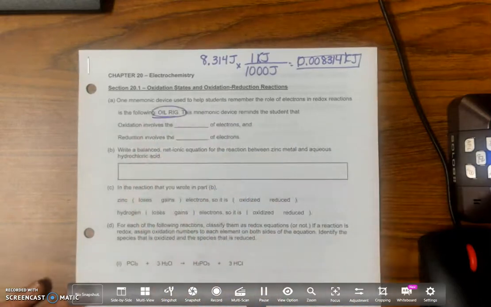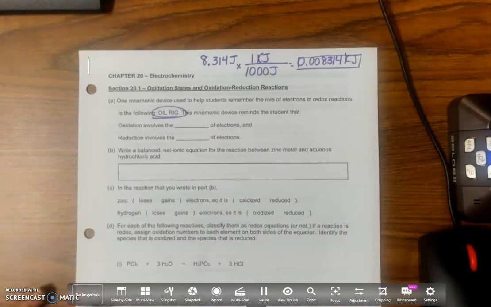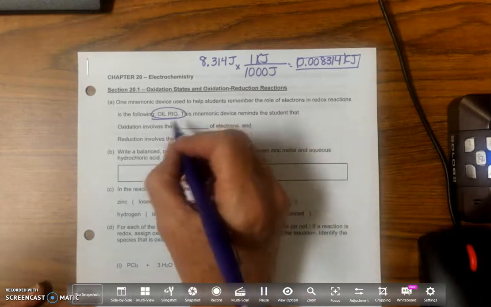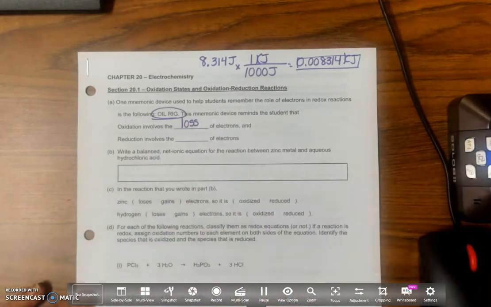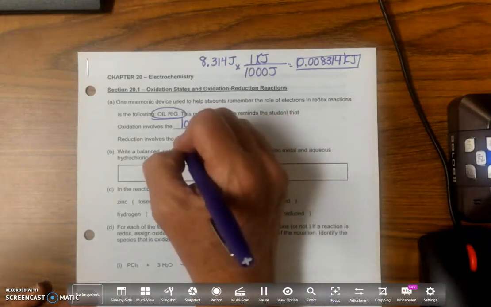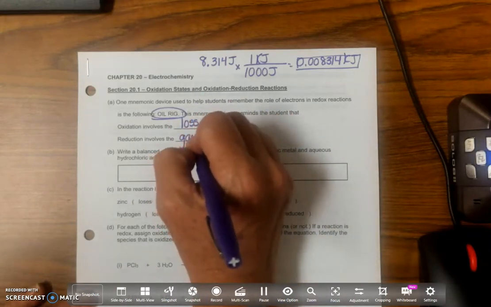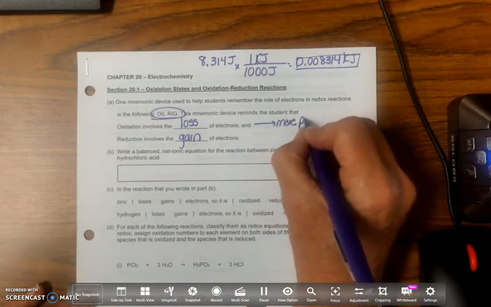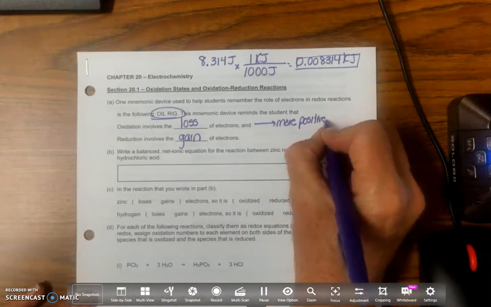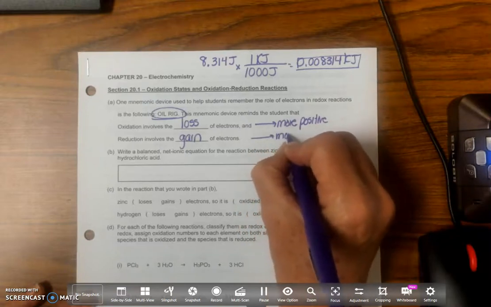We have this mnemonic device, OIL RIG. Oxidation involves the loss of electrons, and reduction involves the gain. And I always remember this one becomes more positive, and this one becomes more negative.